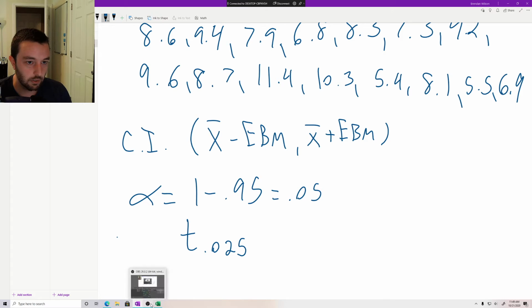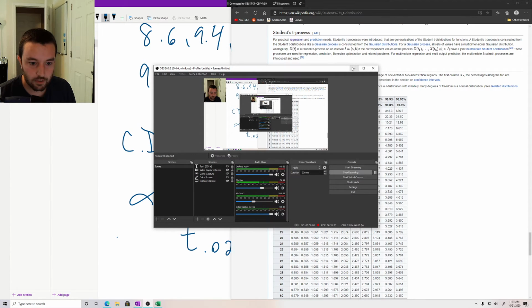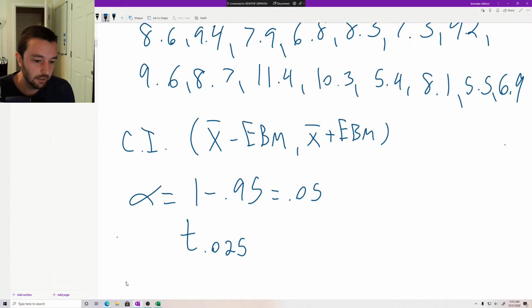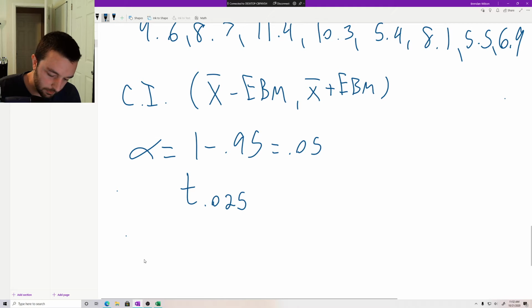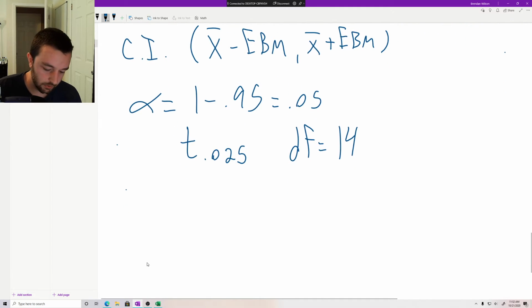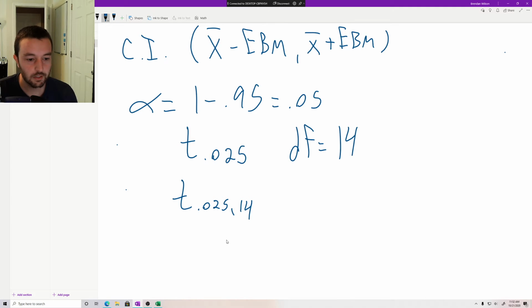Now, let's look at how we find the t-score. Okay, so I just brought that Wikipedia table back up here. One thing I realized we didn't say was, remember, the degrees of freedom is 14 because we had 15 subjects, so it's one less than this. The book doesn't really write it like this, but sometimes you might see it written like t 0.025 comma 14, because we really need both of these numbers to calculate the t-score.